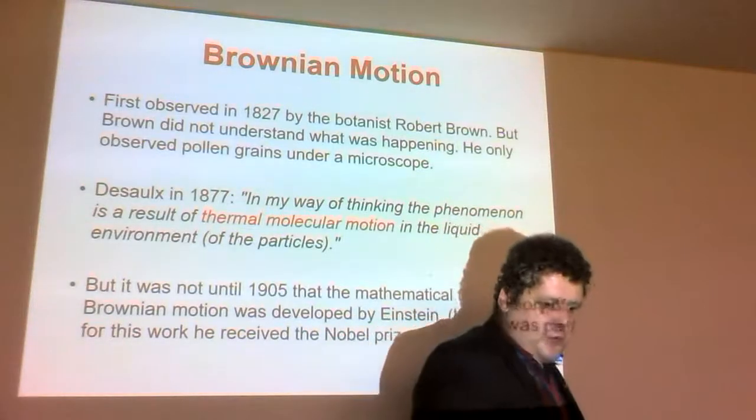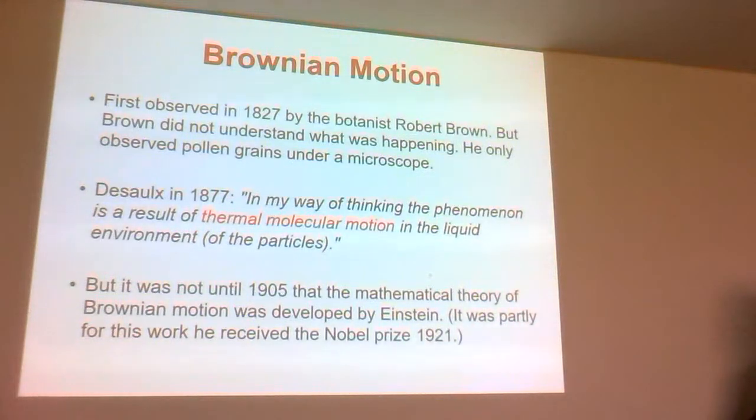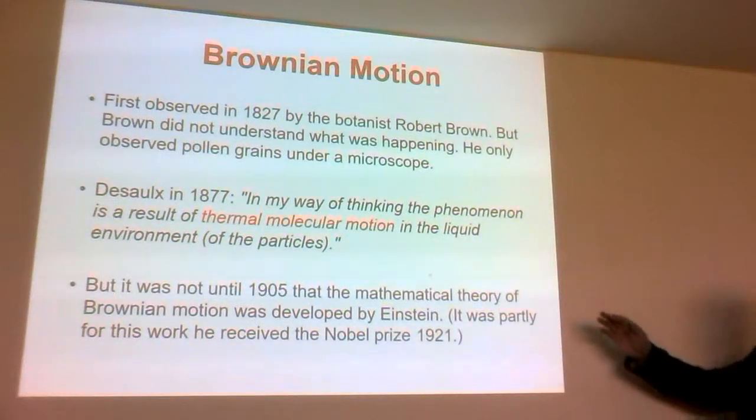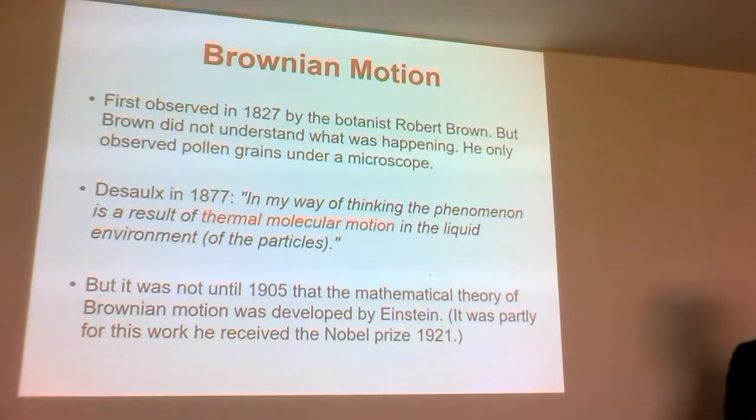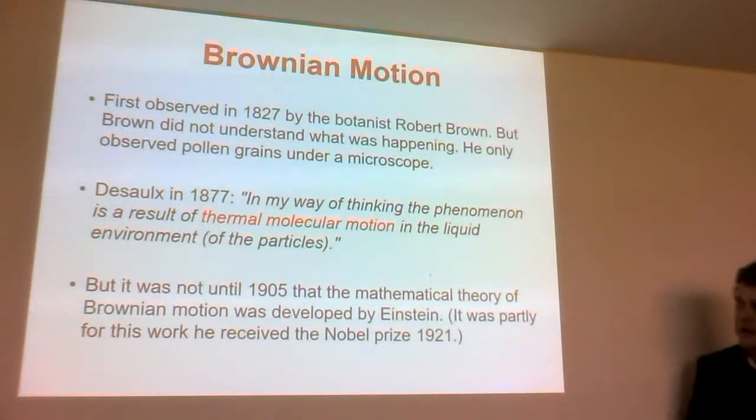And of course, that very much started from the investigation of Brownian motion, and just some facts. At first, Brownian motion was observed by Robert Brown, but he didn't understand what he actually saw. Then there was some discussion about it, and they thought the important result was the thermal molecular motion in the liquid.